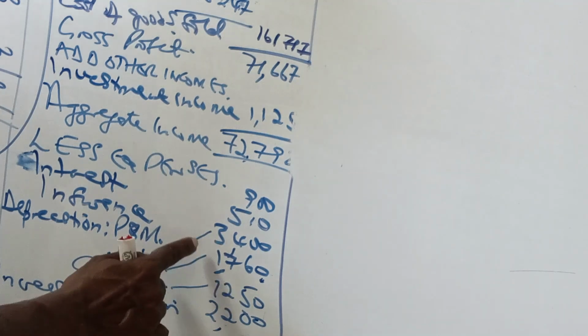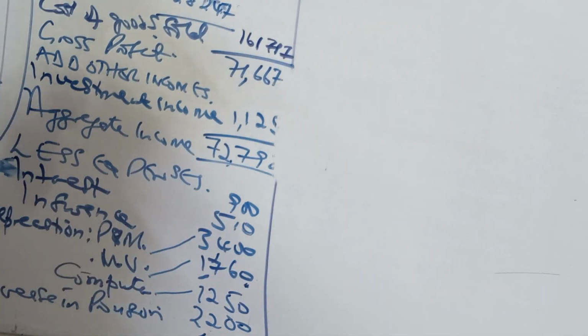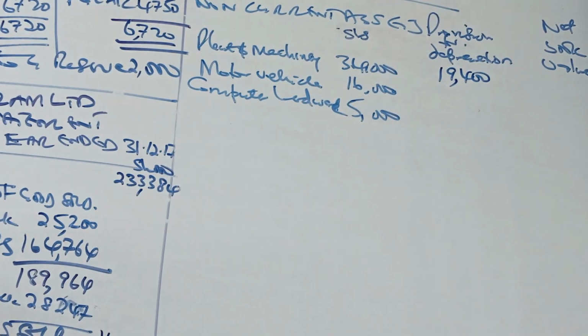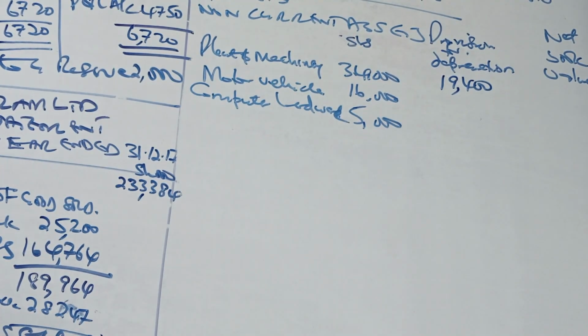So we get the balance at the trial balance, 16,000, plus 3,400, we get 19,400. And then motor vehicle, from the trial balance, it is 7,200.